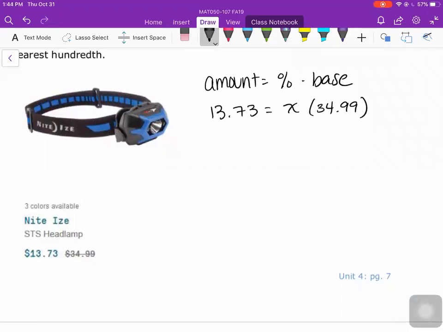How do we solve for X? What do we want to divide? Point what? 0.36.